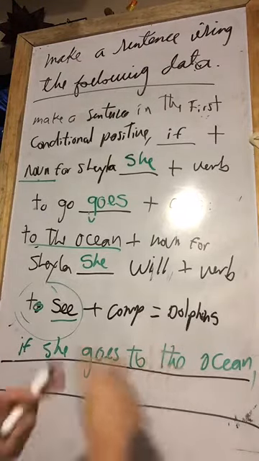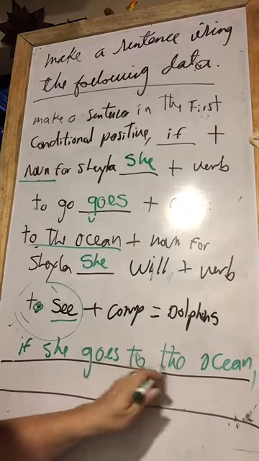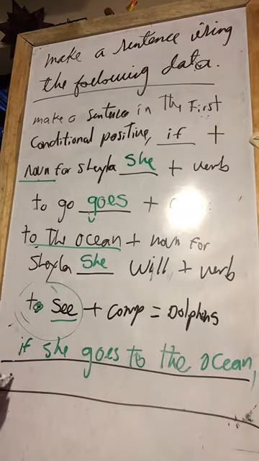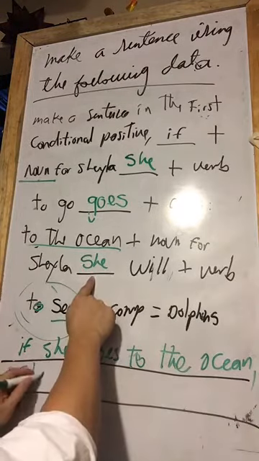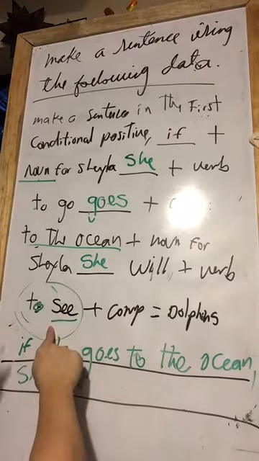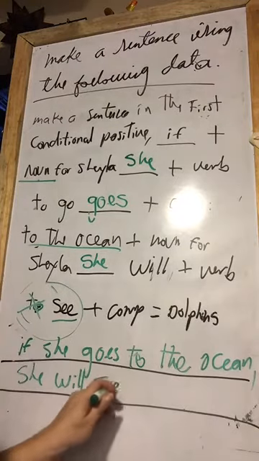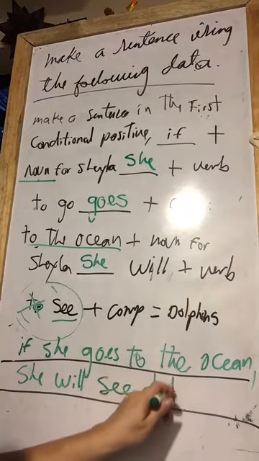If you miss the comma, it's a mistake, because I told you multiple times, if you start with "if", you have to add a comma. "If she goes to the ocean, she will". Verb "to see" is only "see". This is only a formality. "She will see dolphins."